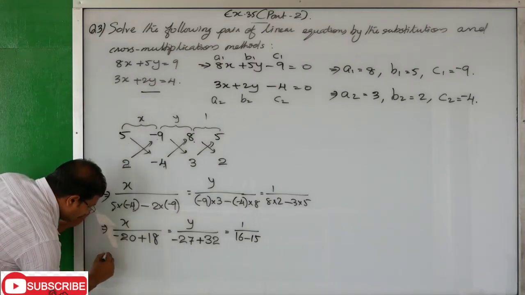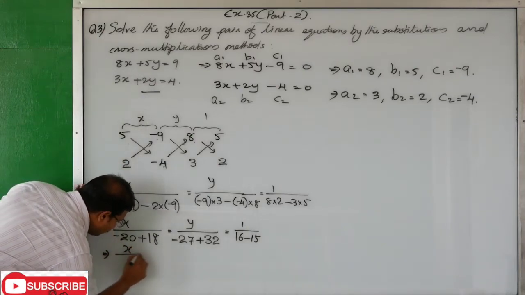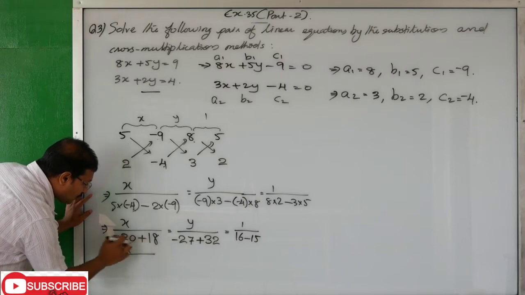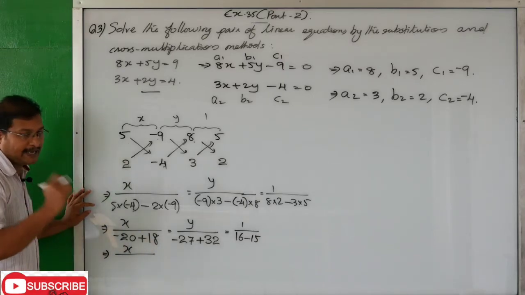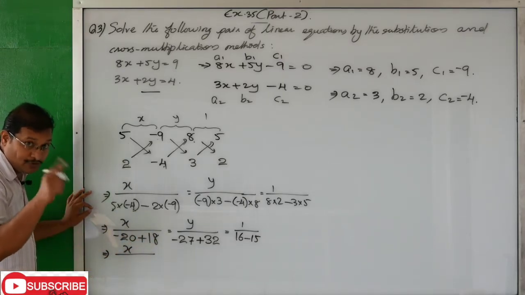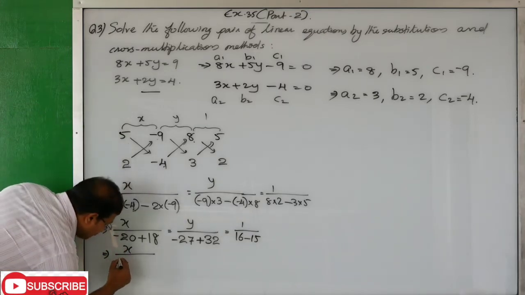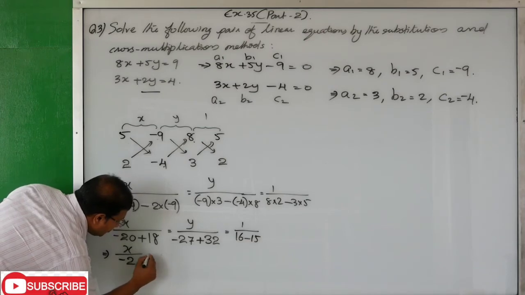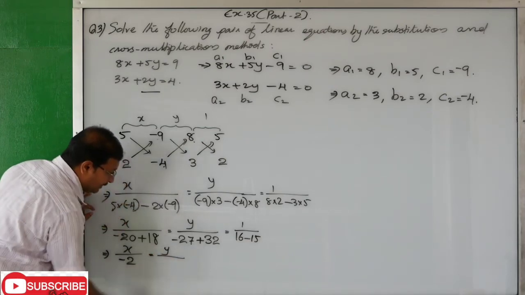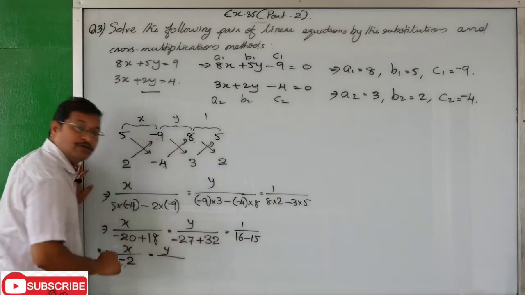Ready? This implies x divided by plus and minus, or minus and plus. What will we do? Minus. So 20 minus 18, 2. But of course we know that the bigger number is minus. So the answer is minus 2 equals y divided by minus and plus. What will we do? Minus.